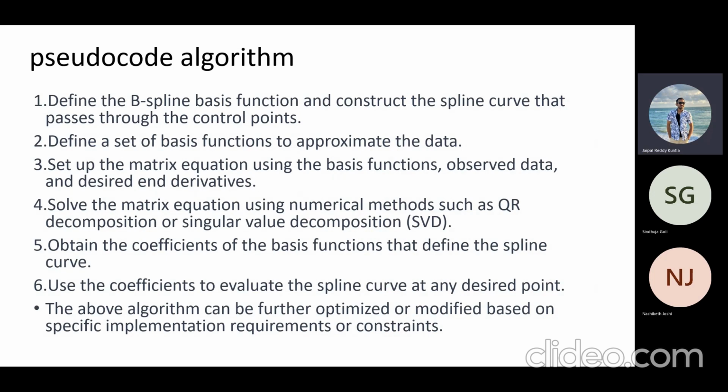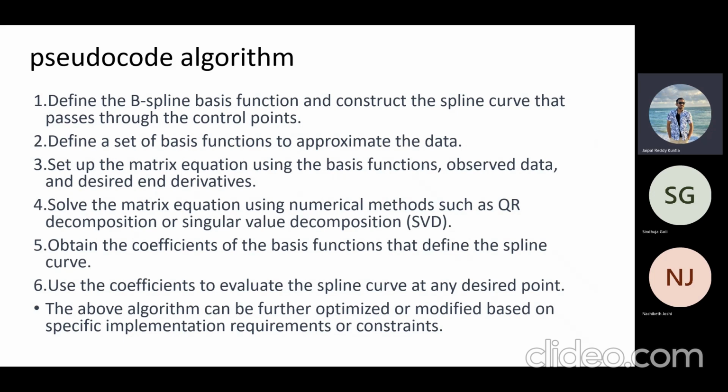Then define a set of basis functions to approximate the data. Set up the matrix equation using the basis functions, observed data, and the n derivatives. Solve the matrix equation using numerical methods such as QR decomposition and SVD, that is, singular value decomposition.